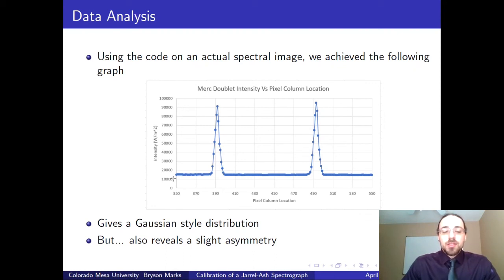But the important thing is that we arrive at 2 peaks. This is a Gaussian style distribution, which is great because it lets us know that we're on the right track. But it also reveals an asymmetry, which is most likely due to spherical aberration or coma aberration.